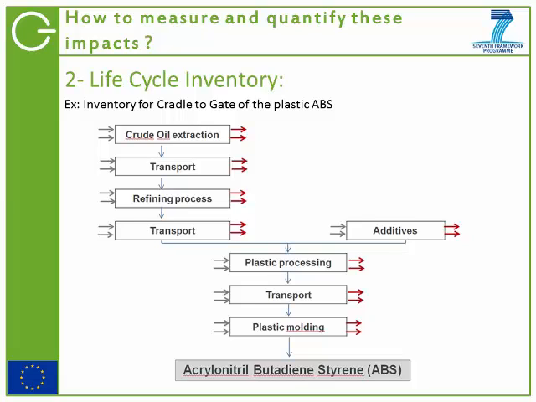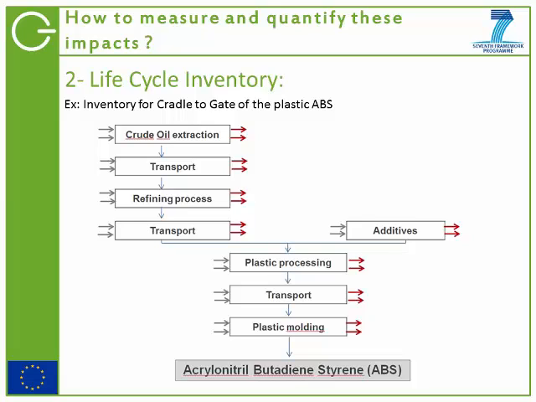For example, you may create the inventory for the production of 1 kilogram of ABS, where the inventory represents all the inputs and outputs needed for the production of 1 kilogram of this material. This inventory is called cradle to gate, because it represents the life cycle of ABS from its cradle, being the extraction of crude oil, to the gate of the factory where it is delivered in pellet form.